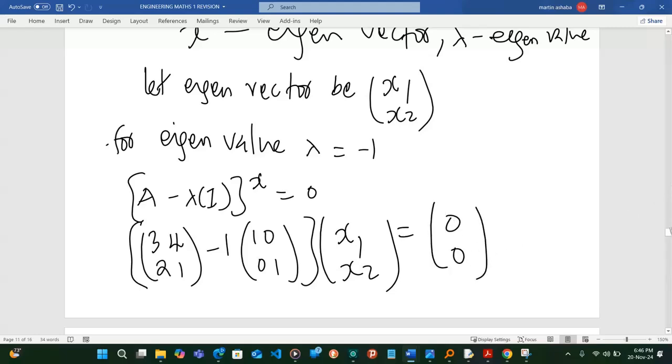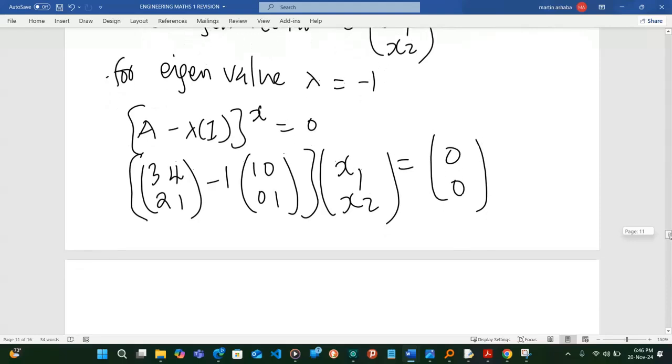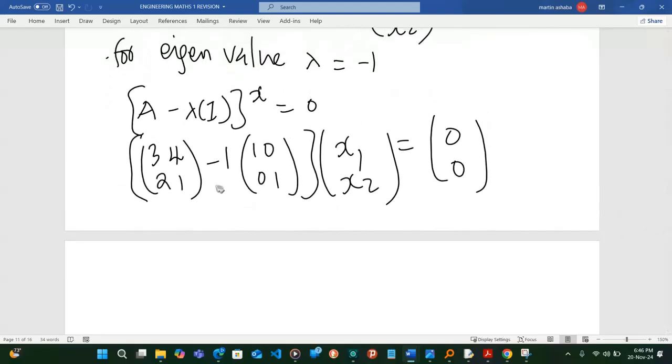That's what we are saying when we are to write this equation in full. So I multiply in here so that I have 3, 4, 2, 1 minus this negative 1 times 1.